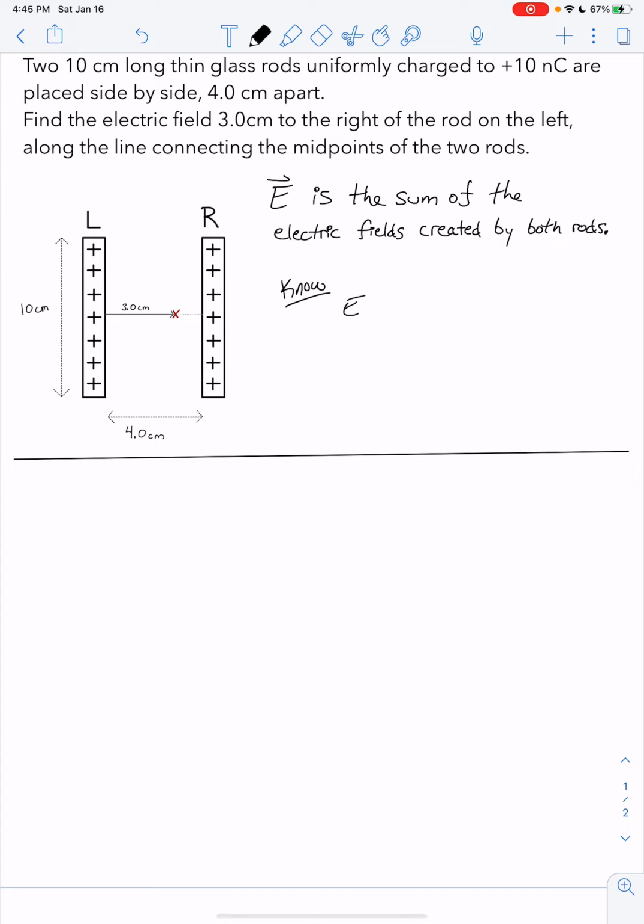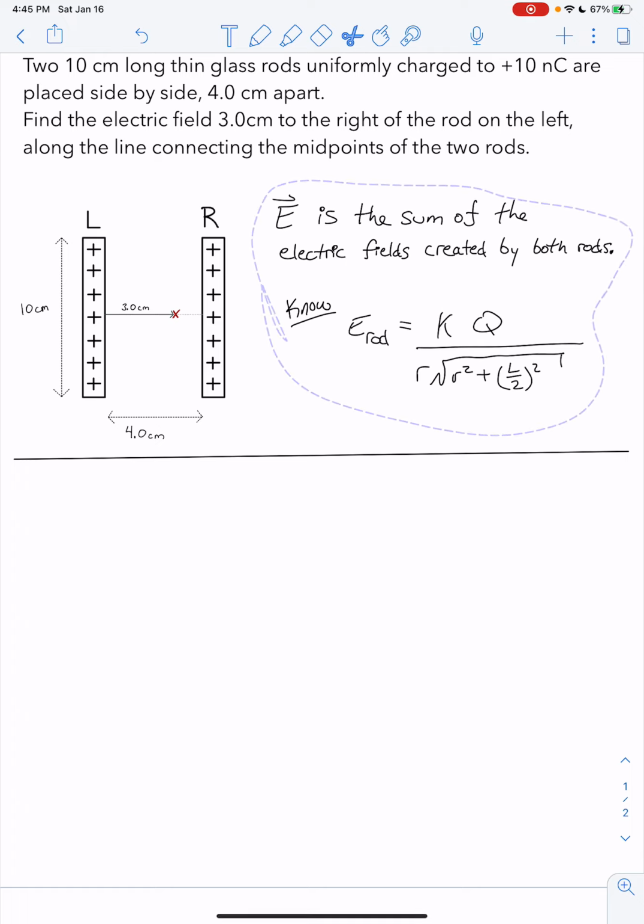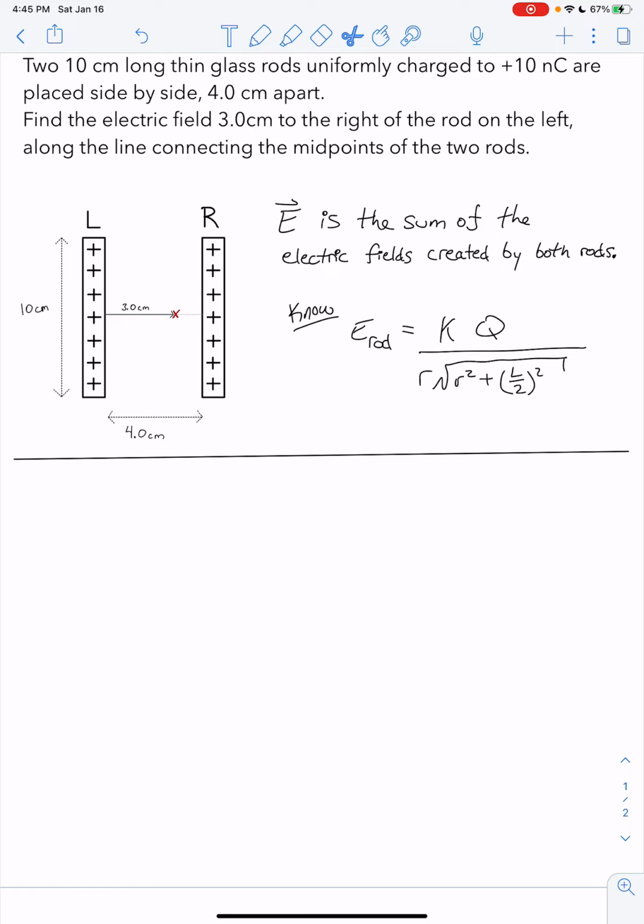So the electric field of this rod, and I'll say rod, but we mean the midpoint line, is kQ all over R times the square root of R squared plus (L over 2) squared. That's what we're going to apply, twice, once for each rod. We just have to make sure we use the right values.